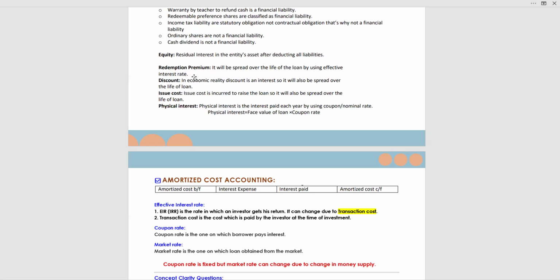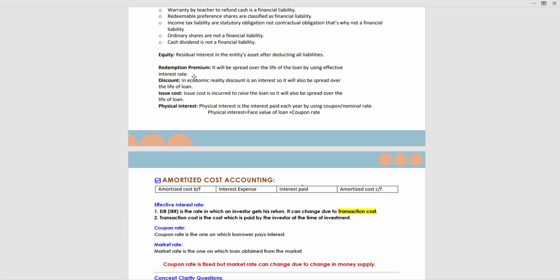We will cover the questions on these terms. Issue cost: issue cost is incurred to raise the loan, so it will also be spread over the life of the loan. Fixed interest: fixed interest is the interest paid each year using the coupon nominal rate, equal to face value times coupon rate.